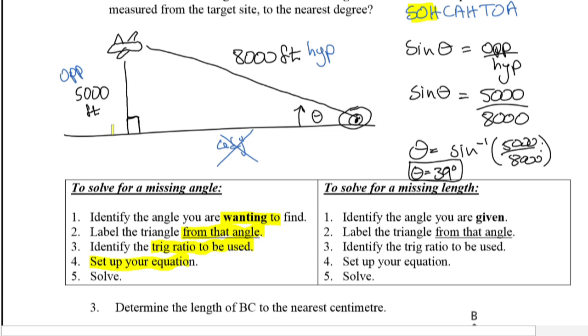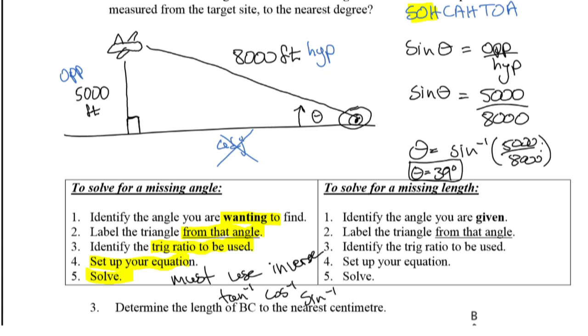Set up your equation, solve for your angle. And one note I will put in here is we must use the inverse function. So we're going to have tangent -1, cos -1, sine -1 on our calculators if you're finding an angle.